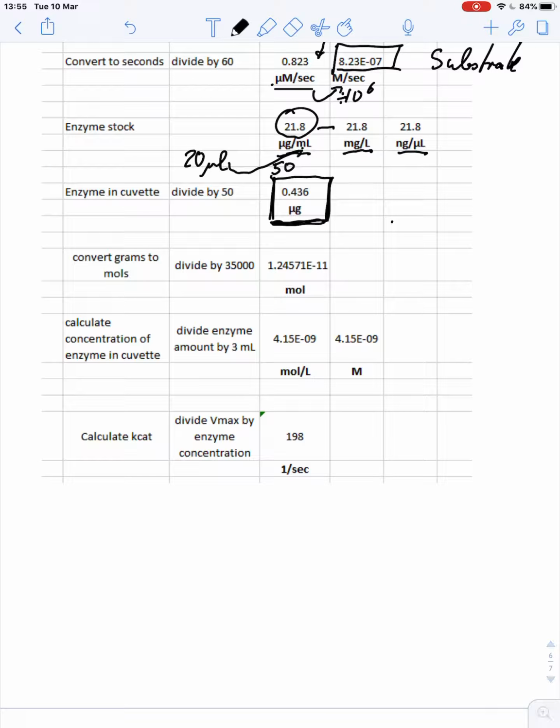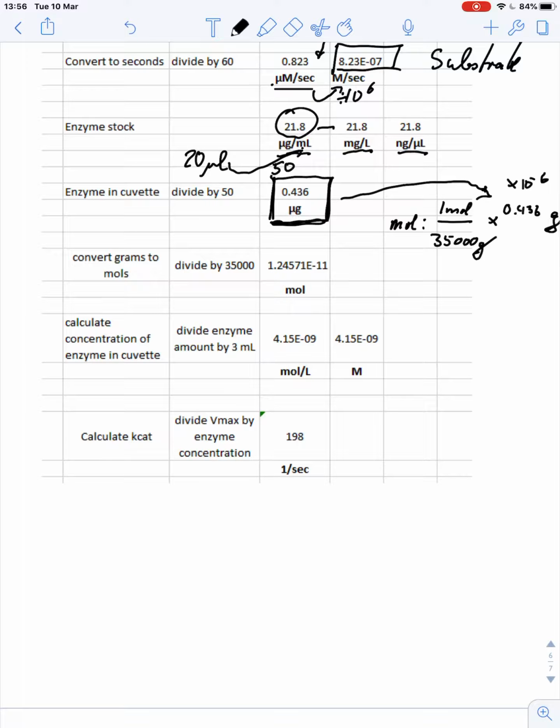And we can now convert the grams to moles. If we use dimensional analysis we can say 1 mole over 35,000 gram, that was the molecular mass, times 0.436 times 10 to the minus 6 grams, and this is this number here.